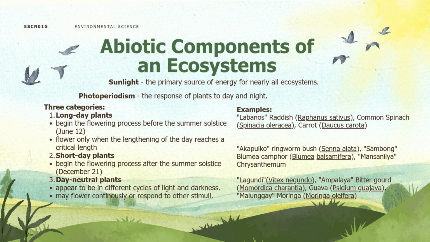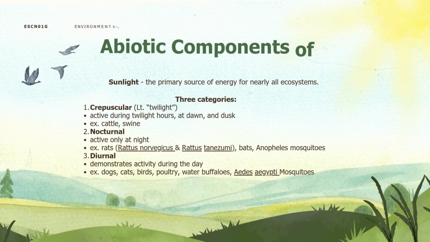Day neutral, on the other hand, is not technically sensitive with the length of day. Okay? So again, we all know that sunlight affects different organisms, and it's very important because here we get to realize what specific medicinal plants can be thriving on certain period of the month.